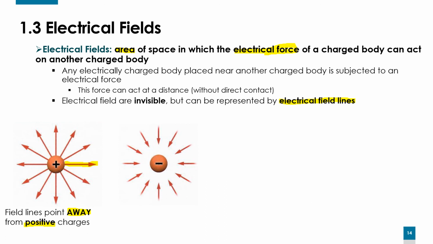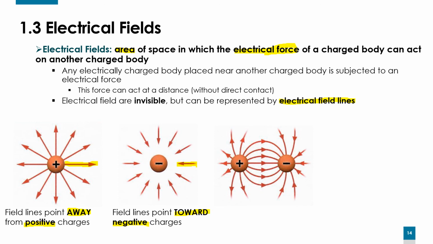When I have a negative charge, the field lines point toward the negative charge, from outside to inside. So if I have a positive charge, I draw the arrows pointing out, moving away. If I have a negative charge, I point toward that charge.